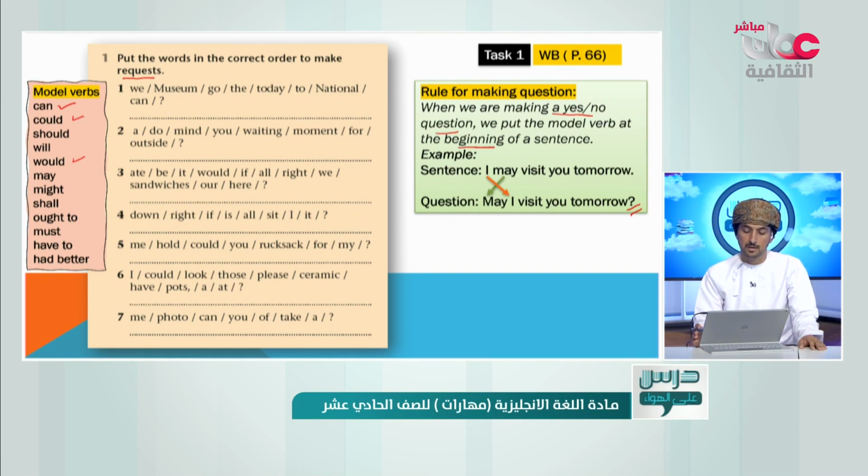We'll start first, as we see in the rule. We will start with what? We will start with the modal verb. Where is the modal verb here? We have got the modal verb can. So this is number 1. Then we have what? Then we have the pronoun, we. Can we? Then we need the main verb in the sentence.